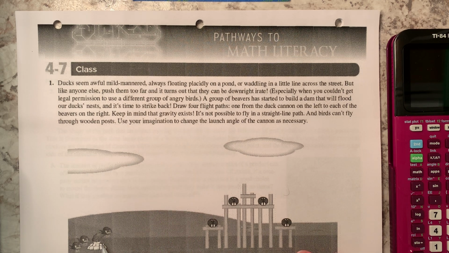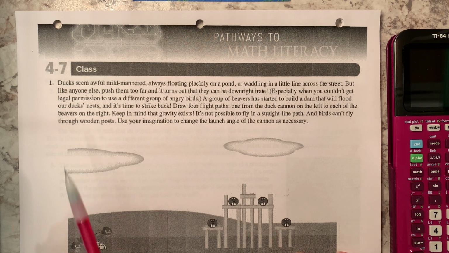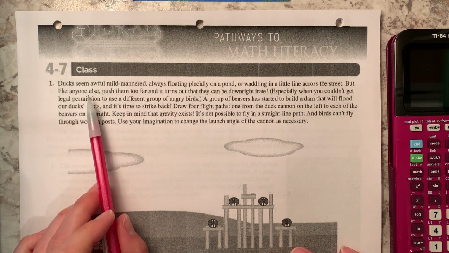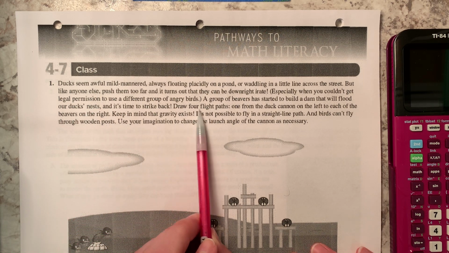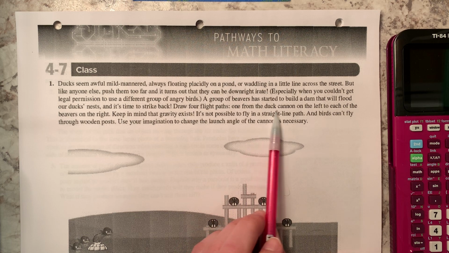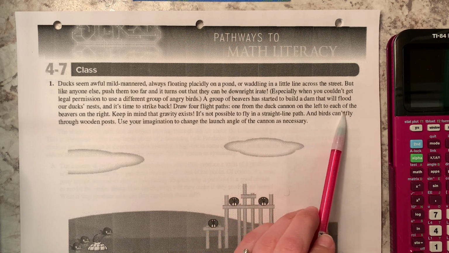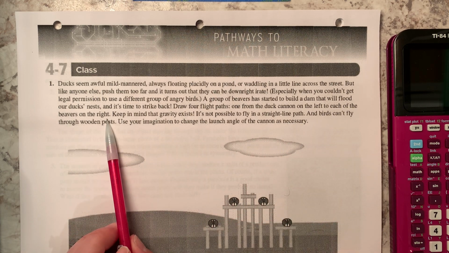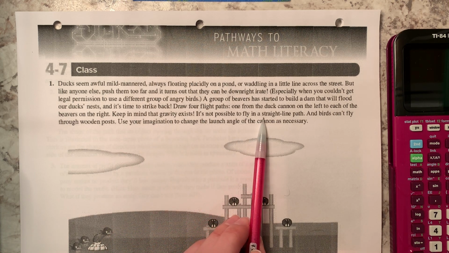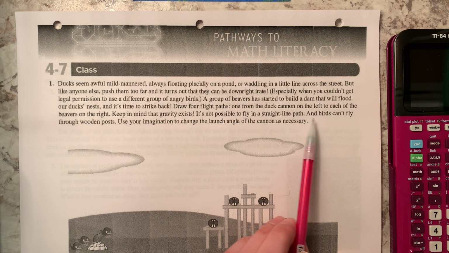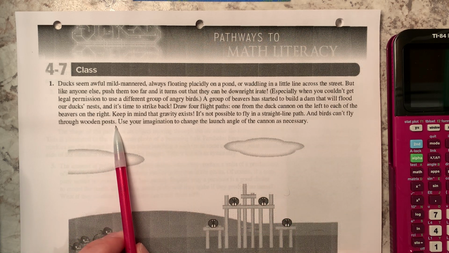So he's got some ducks here that are very angry, and he's asking us to draw a flight path. It says draw 4 flight paths, one from the duck cannon on the left to each of the beavers on the right. Keep in mind that gravity exists. It's not possible to fly in a straight line path, and birds can't fly through wooden posts.